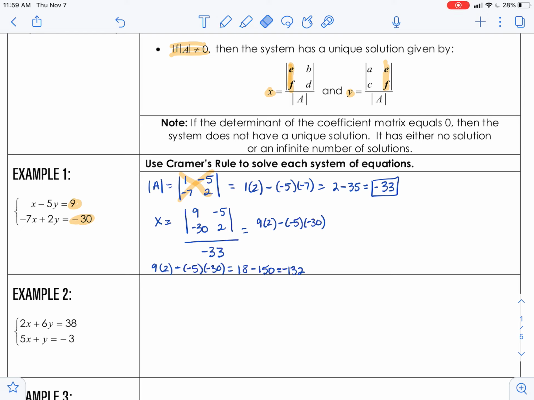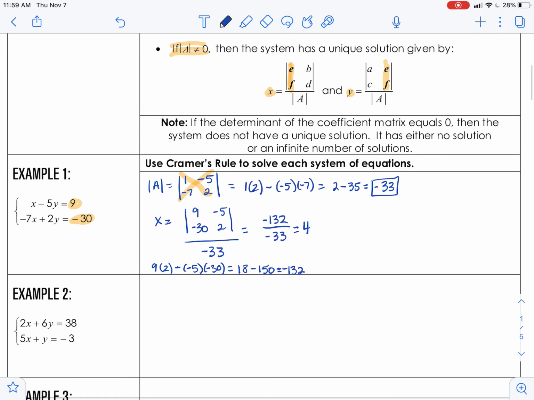So what I would do then is, instead of having it up here, then I would just come in and say, okay, this is a negative 132 over the negative 33, and just divide that, and in this case, we get 4. Okay? So again, that is your x value.